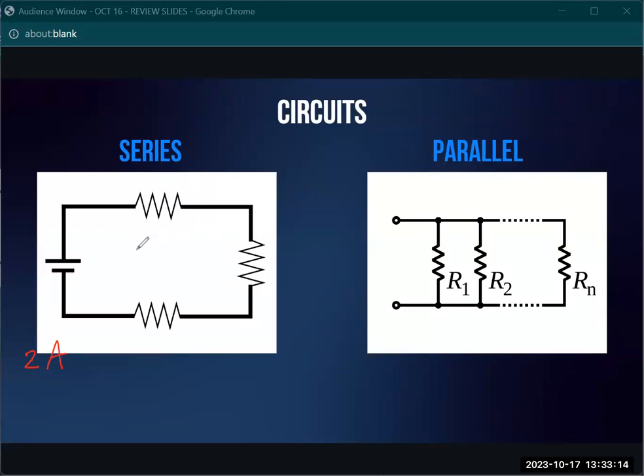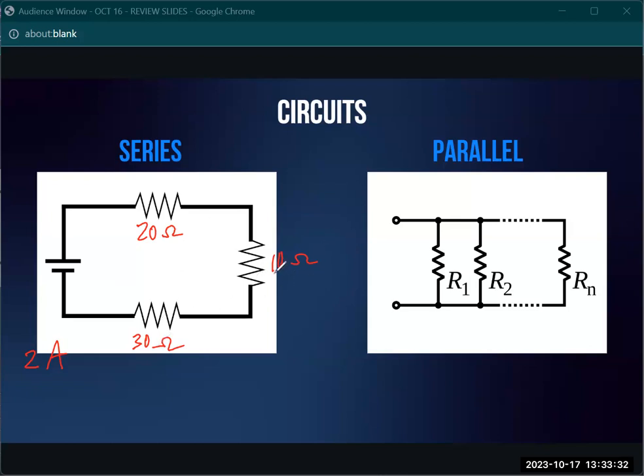Tapos, ang bigay dito is, say, 20 ohms, 30 ohms, then 10 ohms. So, hanapin natin yung total na resistance. Madali lang sa case na ito.